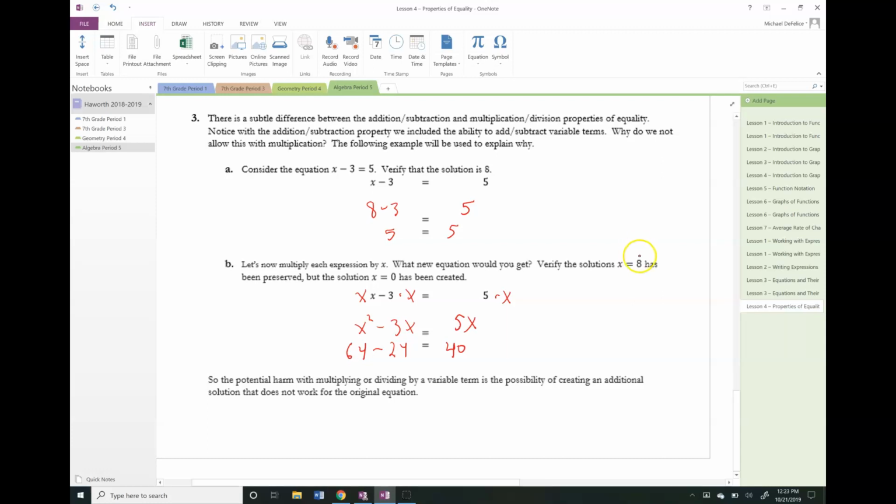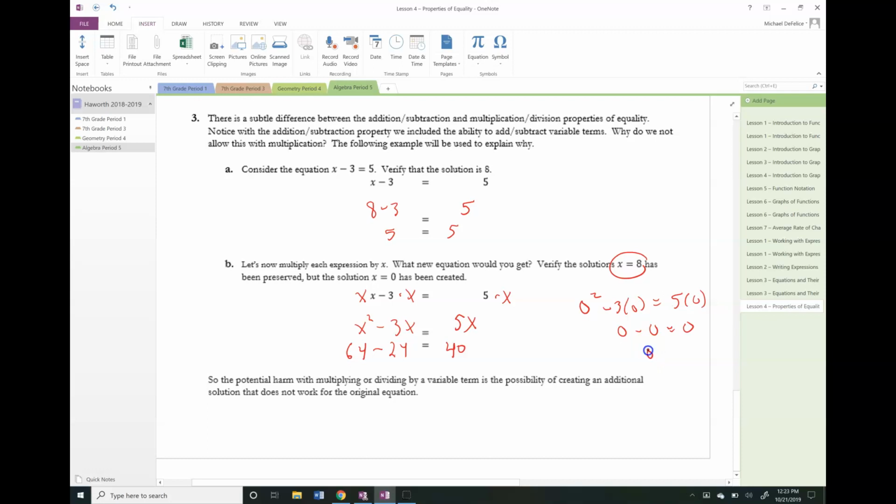So x equals 8 gets preserved, but something else happens along the way, is that we actually made a new solution. What new answer will we actually get? It's actually going to be 0. Let's check 0. 0 squared minus 3 times 0 equals 5 times 0. This would say that 0 minus 0 equals 0.